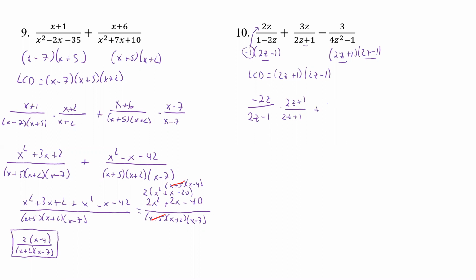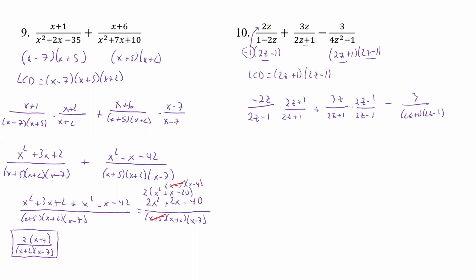Then I have plus. Now I have 3z over 2z plus 1. So I'm going to have to multiply that one by (2z - 1)/(2z - 1) to get the common denominator. And then I just have -3 over, and then I have (2z + 1)(2z - 1).